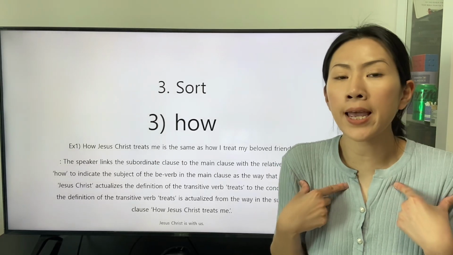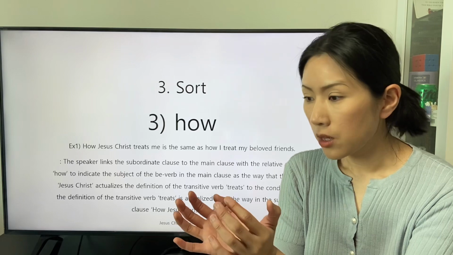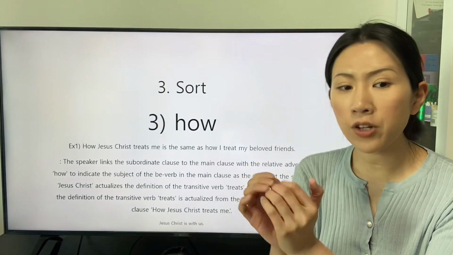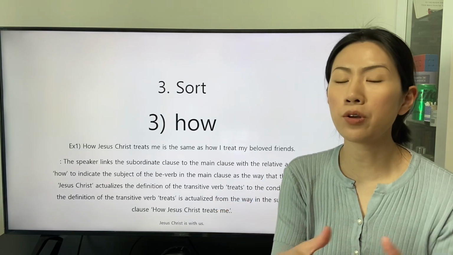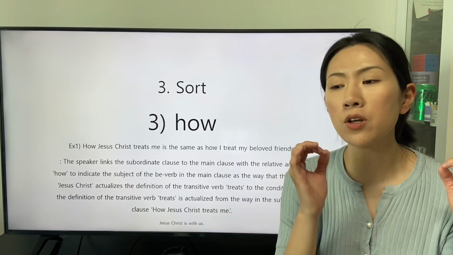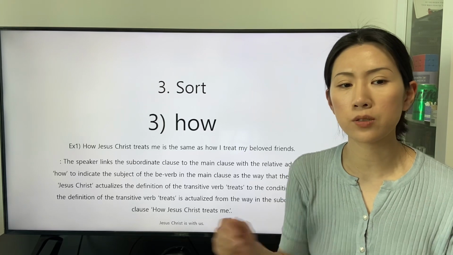The speaker can indicate a way that the subject actualizes the definition of the transitive verb treat to the condition after the subject actualizes the definition of the transitive verb treat.